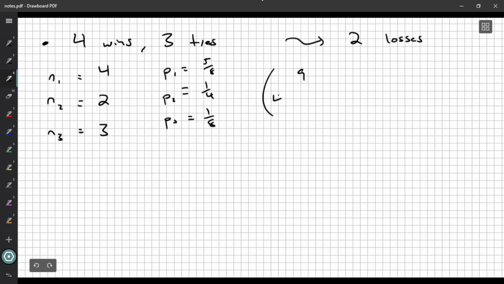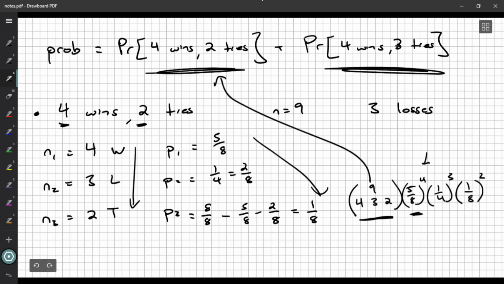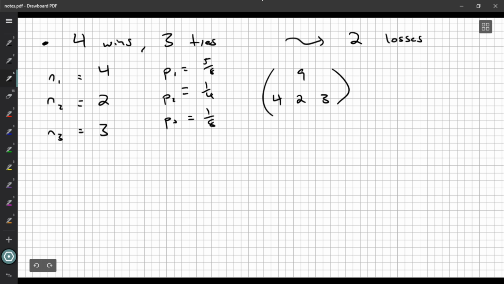So now it's 9, choose 4, choose 2, choose 3, which is actually the same number we had a moment ago. 9, choose 4, choose 3, choose 2, because multinomials don't care about the order. But it's important that the numbers match up with their probabilities. That's what's going to make this a different probability here.